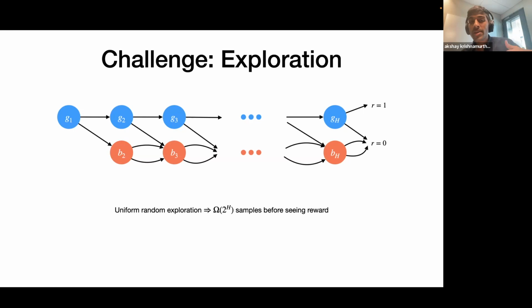So we don't care about spending time in the bad chain because we've seen a lot of information from there. And we don't really care that much about staying in the early good part because we've already seen a lot of stuff there. What we really want to do is nudge that agent to go take the actions it hasn't taken before and bias the exploration towards the unknown stuff.